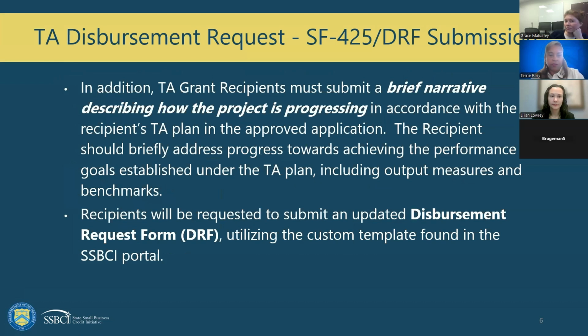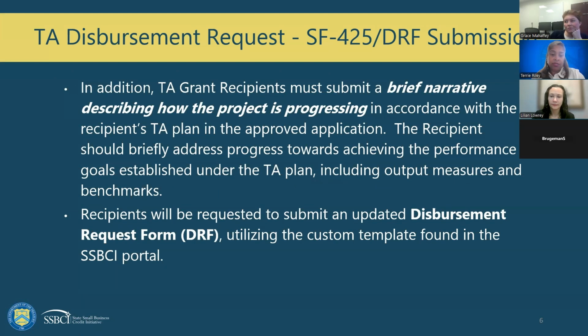In addition to the 425, we're also looking for a brief narrative describing primarily how your project is progressing. We're looking to see how you've used those funds and how it supports your project. Particularly, have you made any progress in terms of the goals and the benchmarks that you described in your TA plan?